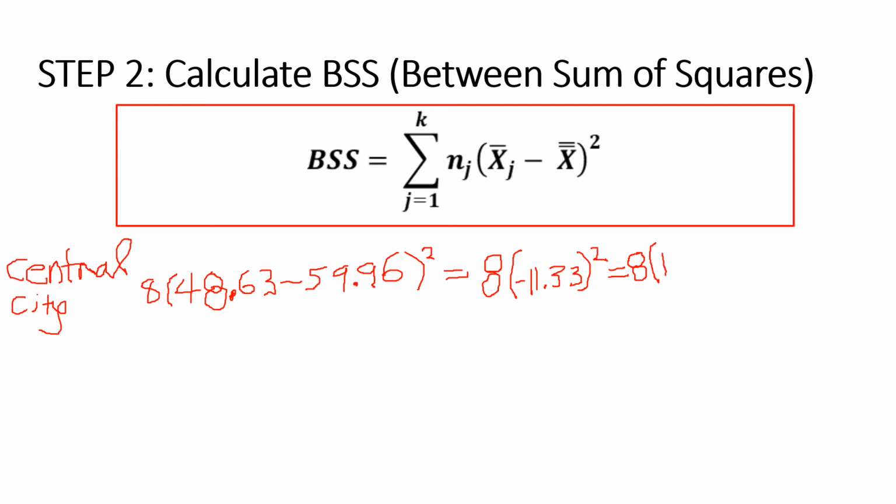So 8 times 128.3689 equals 1026.9512. I'm just going to leave it at that right now.